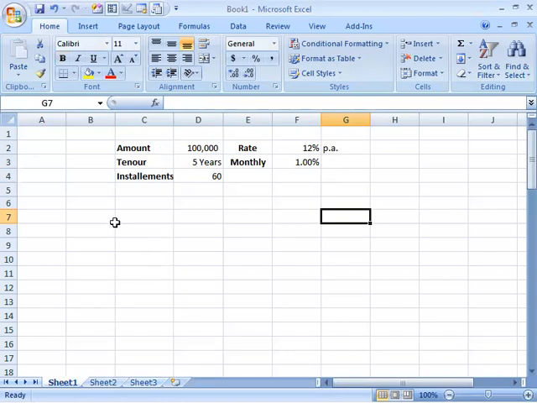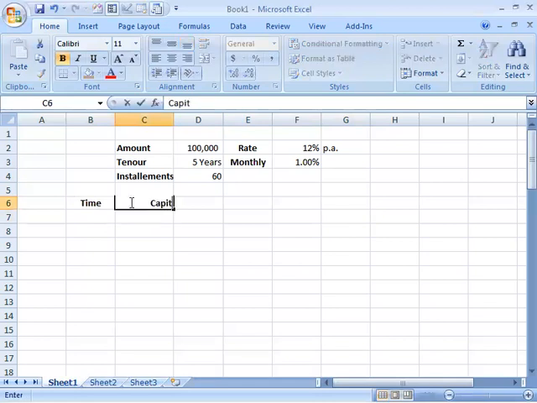I will start preparing the amortization table for the schedule. So first the time, and then the capital outstanding or the loan outstanding, and then the capital payment portion, and finally the interest payment.